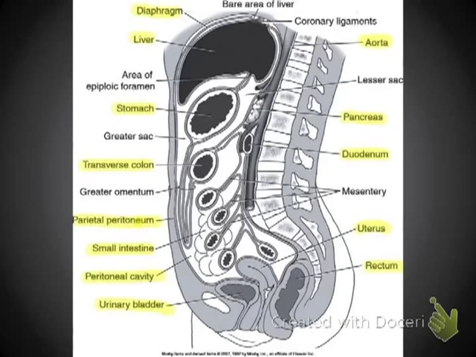Here we have another demonstration. I just want to put this on here just to give you a representation of not really the peritoneum, but the way the organs actually look as we look at it from a sagittal view. We have the diaphragm, the liver, this entire structure here.